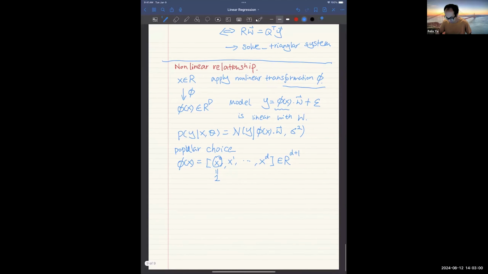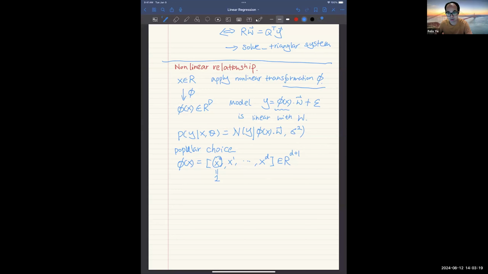But the issue is, if d is precisely equal to 1, this goes back to our previous linear regression. If we choose a larger d, it gets more complicated.